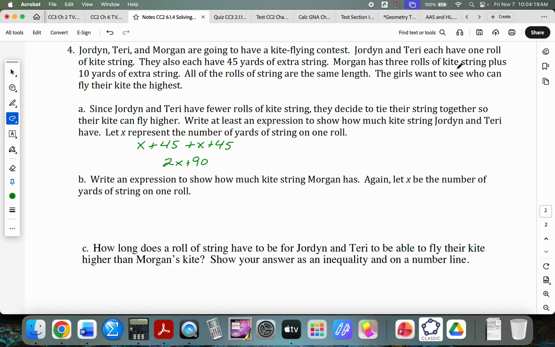Now, Morgan has 3 rolls of kite string plus 10 yards of extra. So that's X plus X plus X plus 10. So that's 3X plus 10.